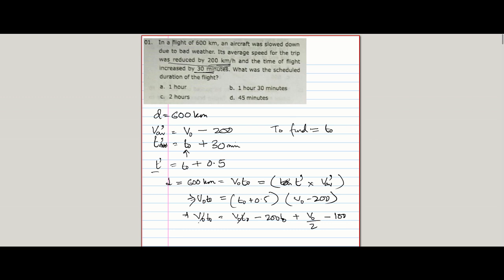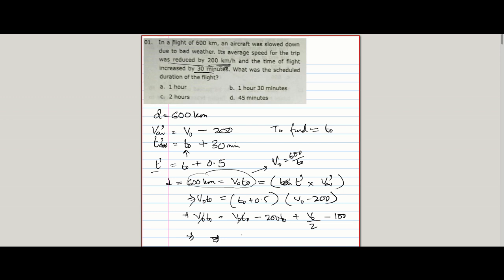and so this will get cancelled, and now we know that v naught t naught is 300 kilometers. And we need to find t naught, right? So we'll say v naught equals 600 by t naught and substitute the value of v naught in this equation.